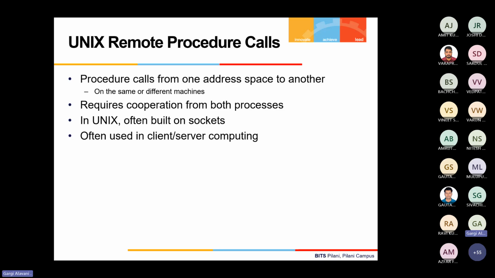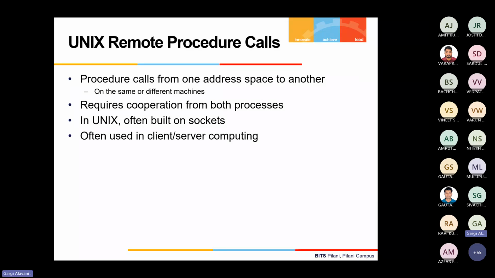The developer only has to write code as if it's calling some local function. But when the system gets this function, it takes care of the serialization, the transmission of data, and getting whatever response has been received from the other system.